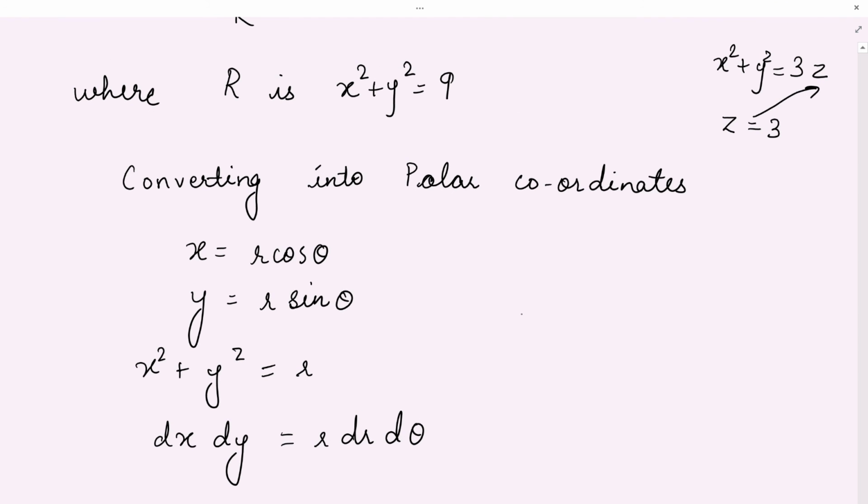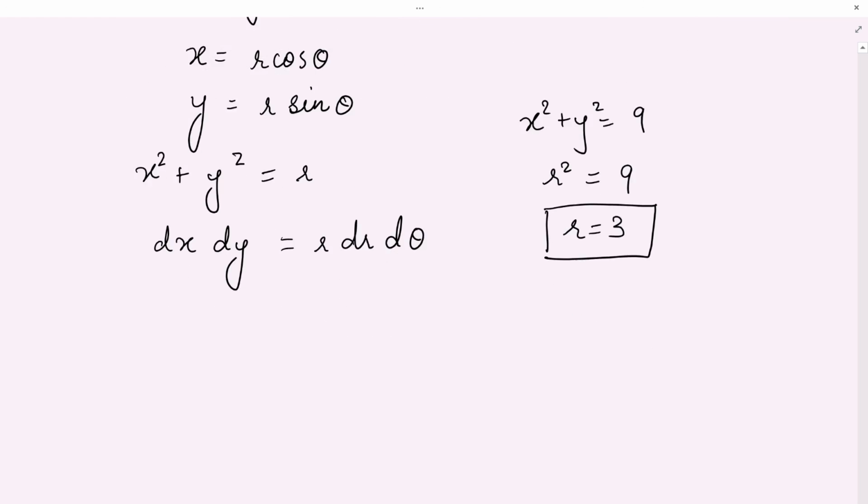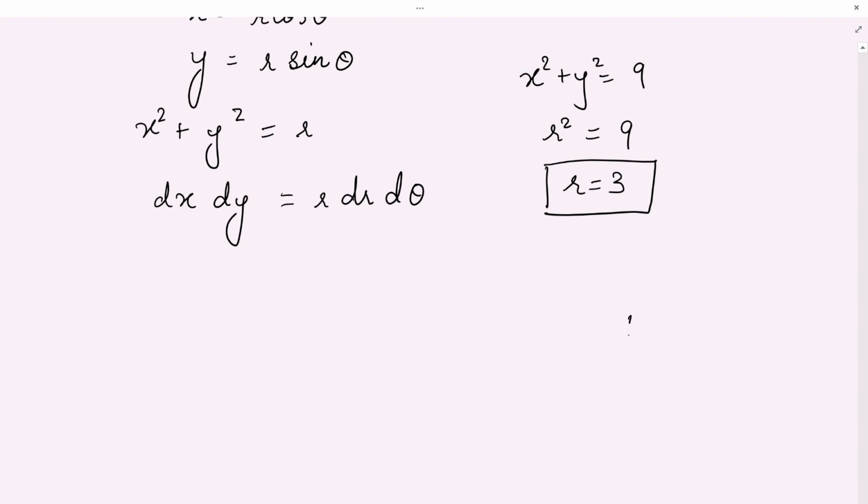Okay, so my region curve x square plus y square is equal to 9 will become r square is equal to 9. So my region is a circle, r is equal to 3, again a complete circle this way, and you have a radial strip which will travel all over as in the earlier sum.